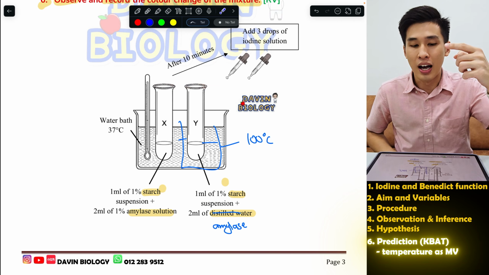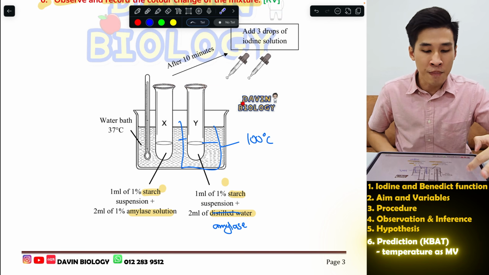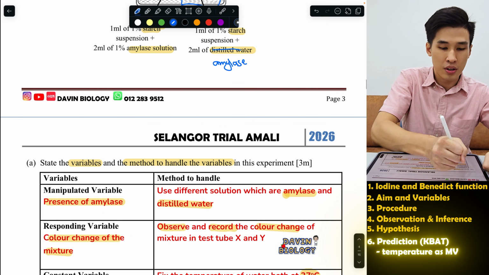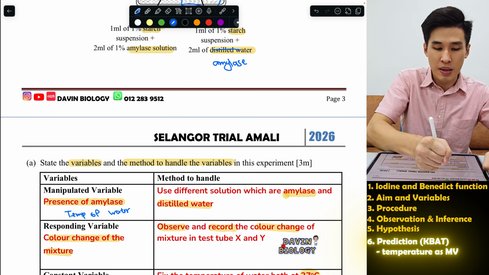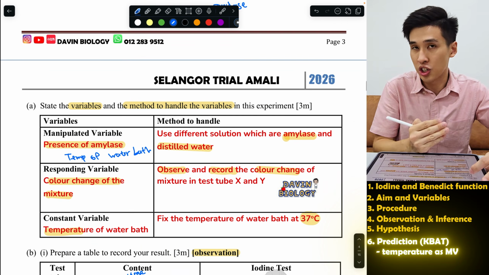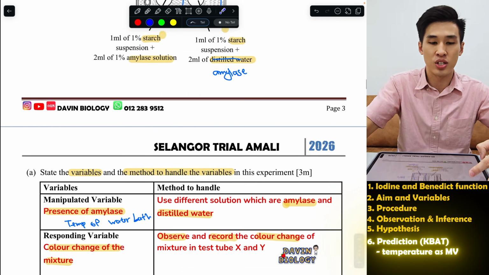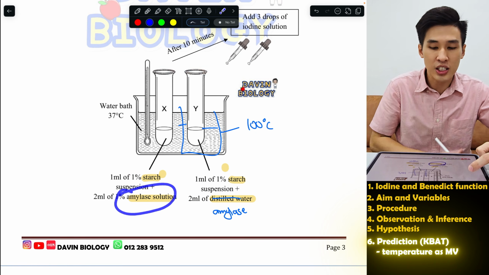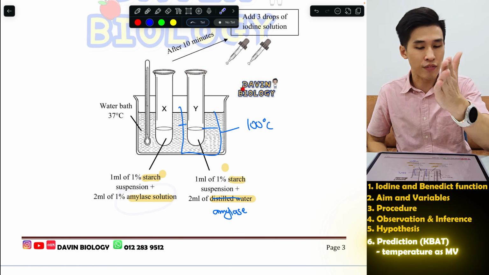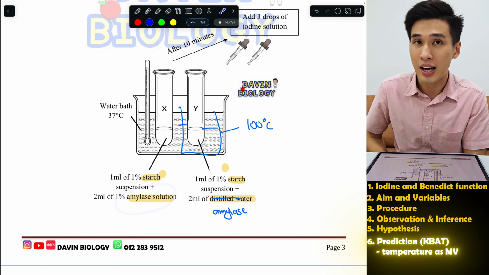Now, if they ask like this, the MV will then be temperature of the water bath. The responding variable will still be the same, but for the constant you can't write temperature again. So the constants will be your enzyme and your substrate. So you can say concentration of starch, concentration of amylase, which is 1% or whatever value they give you in your paper. Understand?